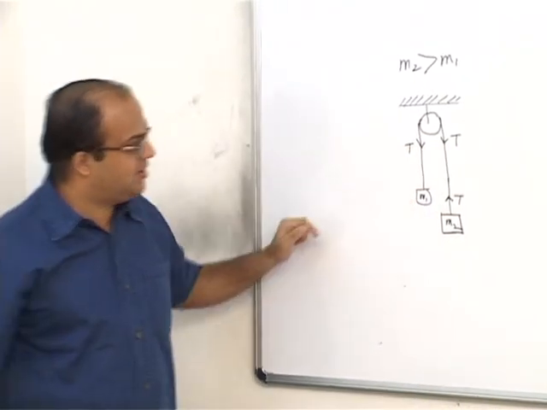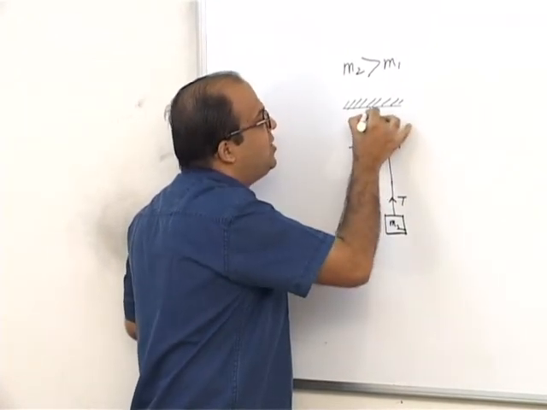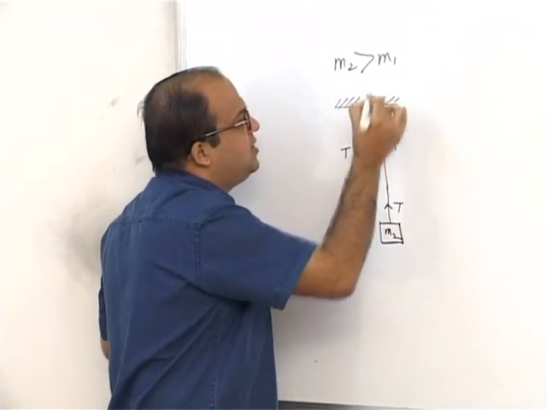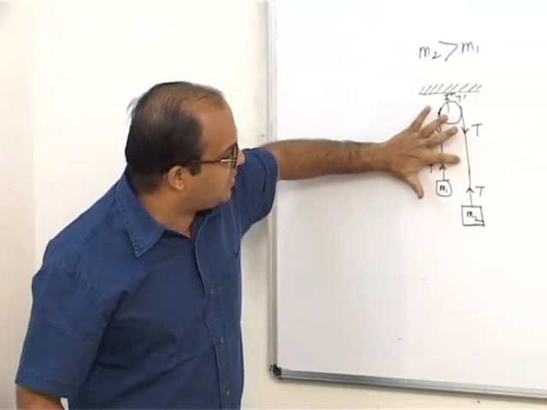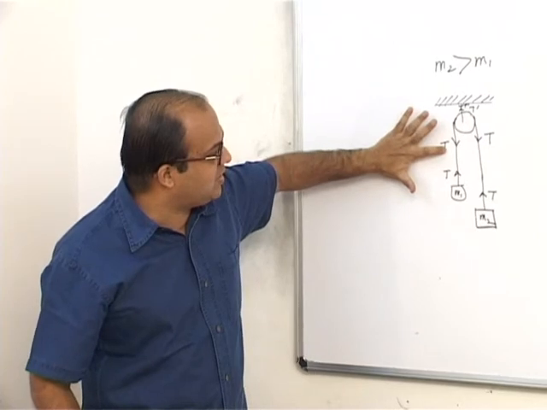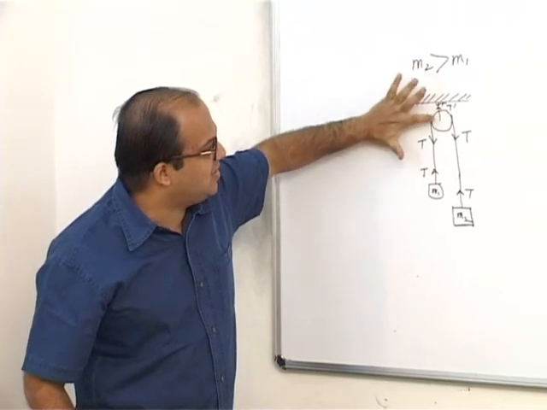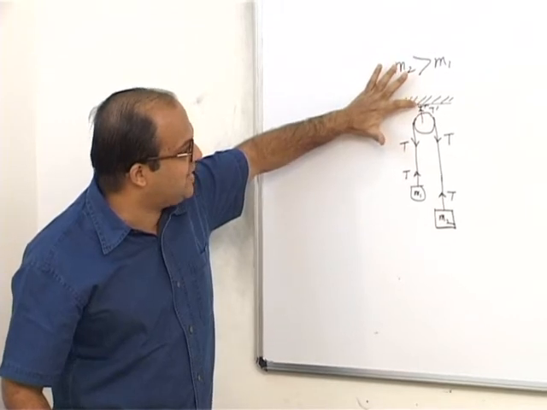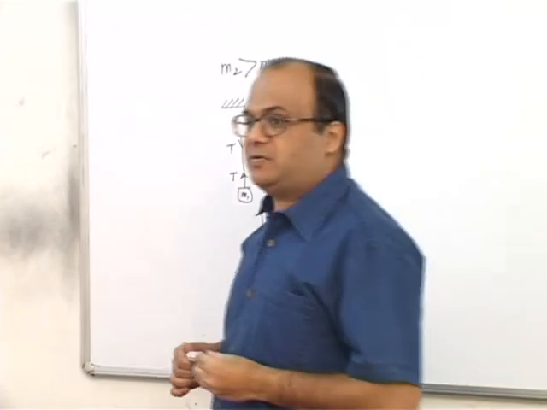And on this mass, tension will act in the upward direction. Tension on this pulley will act in the upward direction here and downward direction as far as this top surface is concerned. Please understand, the same string is pulling this object upwards and pulling this pulley down. The same string is pulling this block upwards and this pulley downwards. This string is pulling this pulley up and pulling the top surface or the ceiling down. So tension always acts away from the body under consideration.